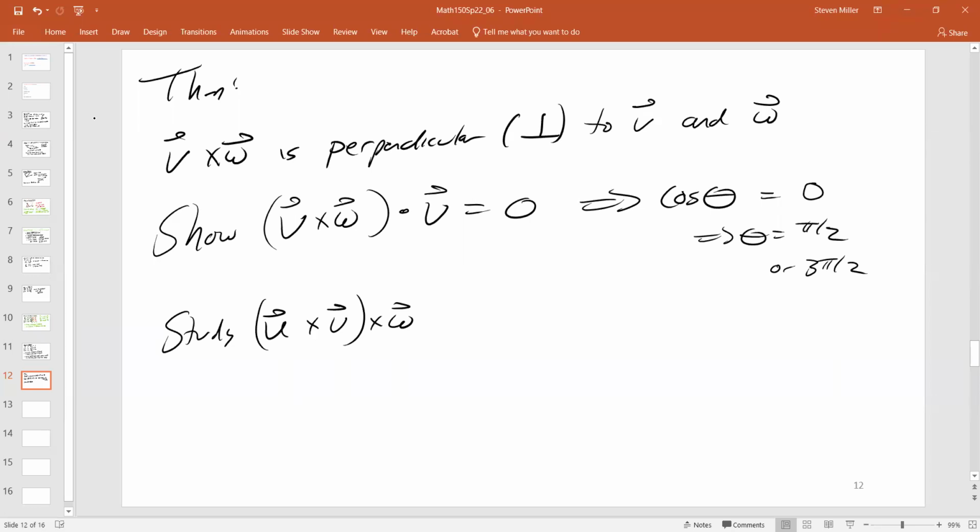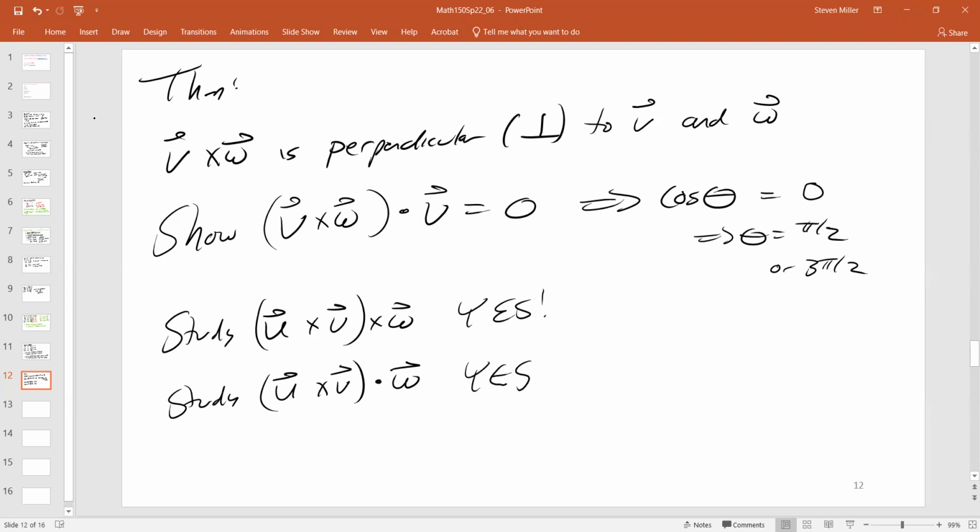A vector. It's a vector. So does this make sense? Yes. Could we study U cross V dotted with W? Yes. So both of these make sense.